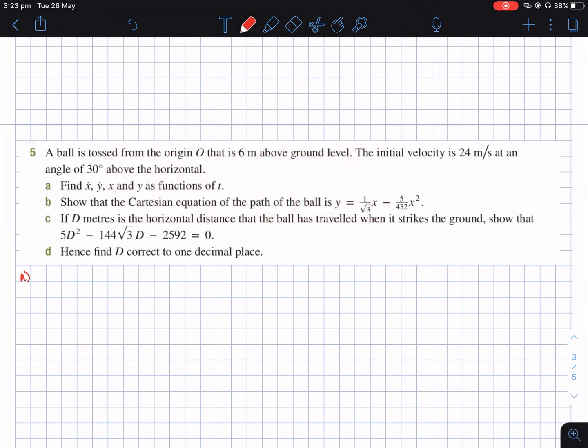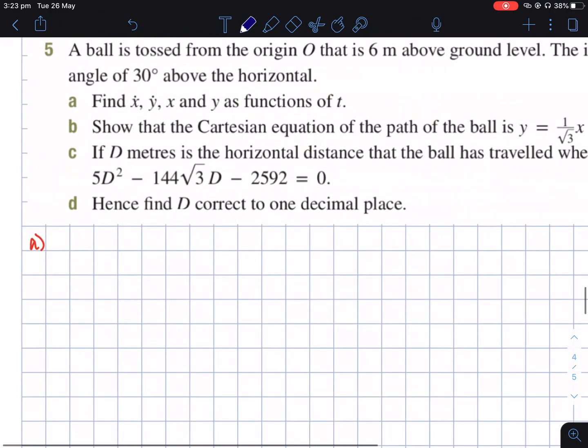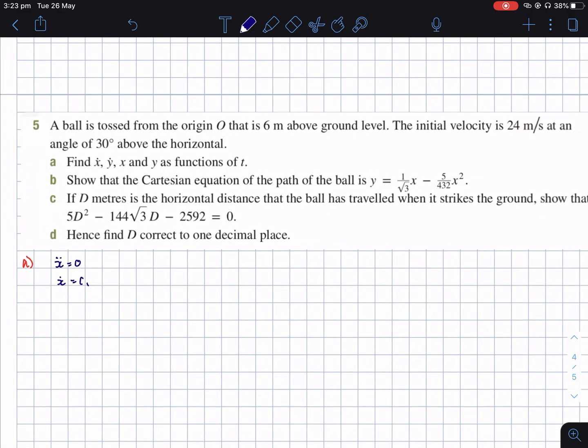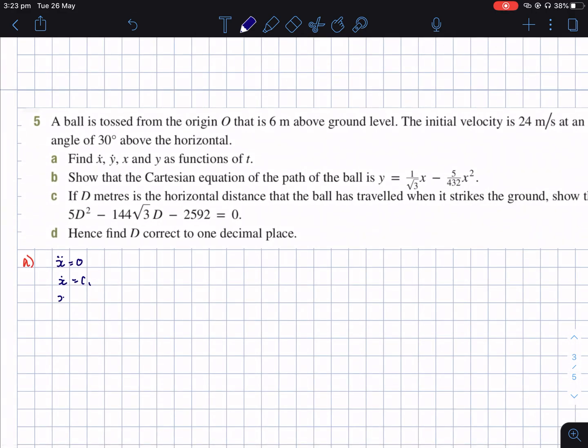We do have to go through all the normal steps to find all these as a function of t, so we know cos alpha. That is 6 meters above ground level. I'm still going to take us from the origin though, that's going to be easier.